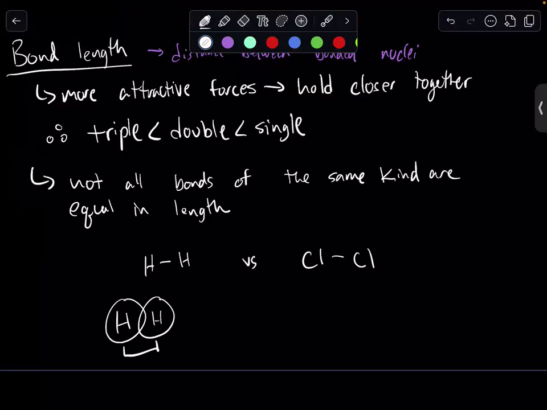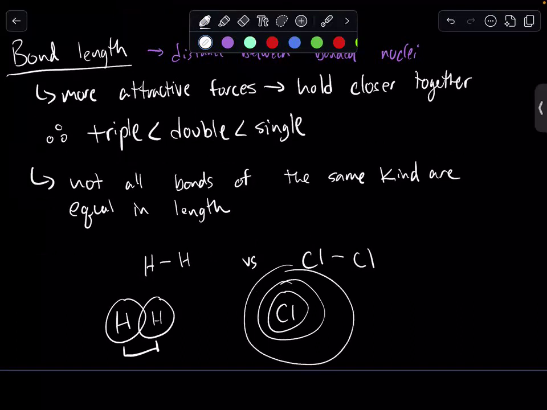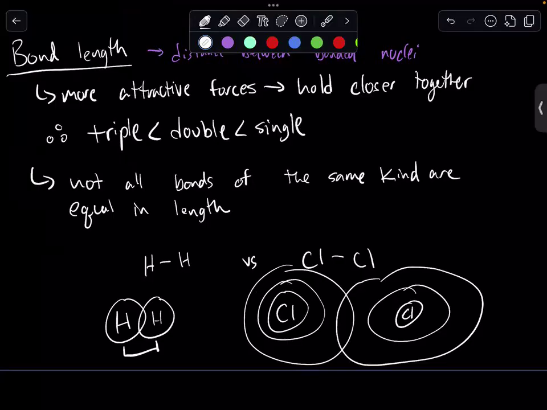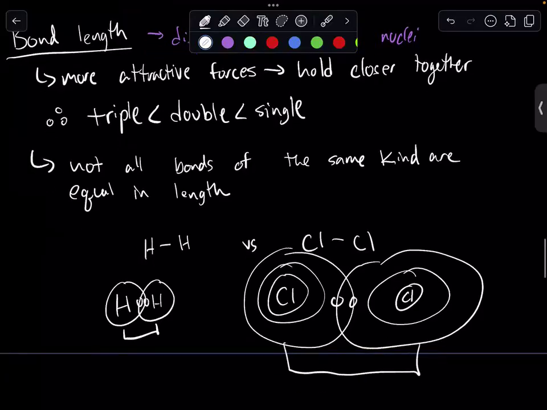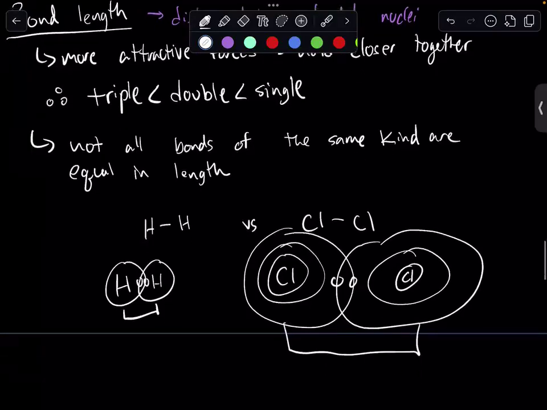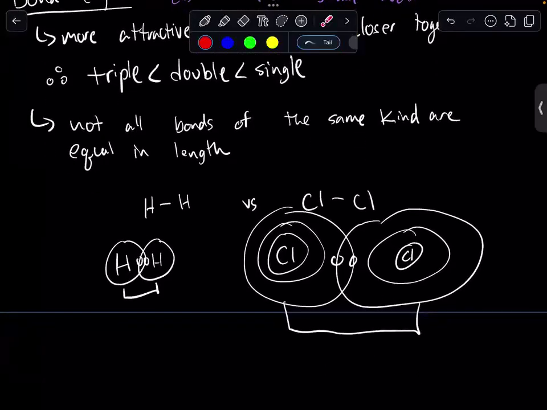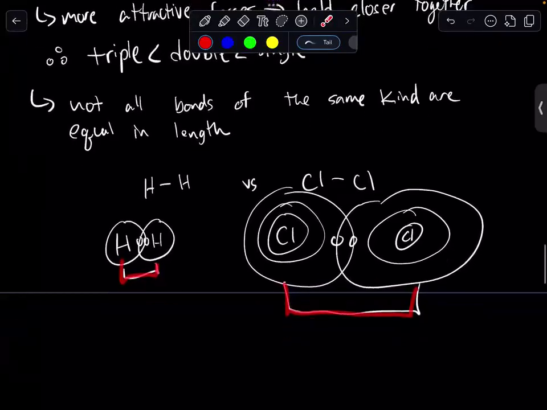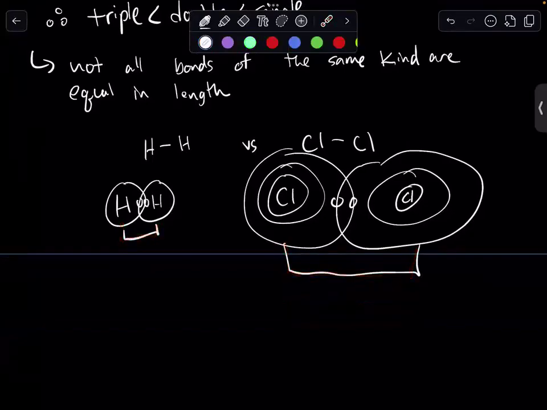While chlorine bonded to chlorine, while it still might be some orbital overlap, we have three energy levels that need to overlap. And for that overlap right here, we're going to have a much greater distance between the chlorine and chlorine. So if you need to know specific bond values or specific distances between atoms, those values will be found within your data booklet for the DP Chem exam.